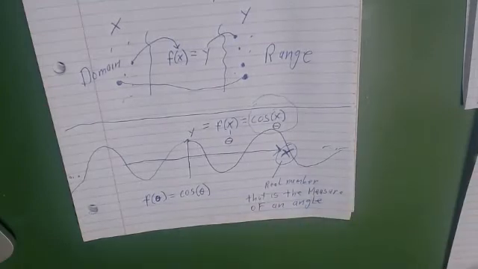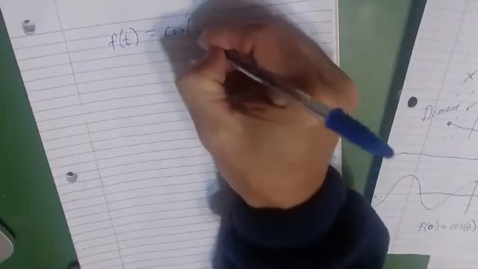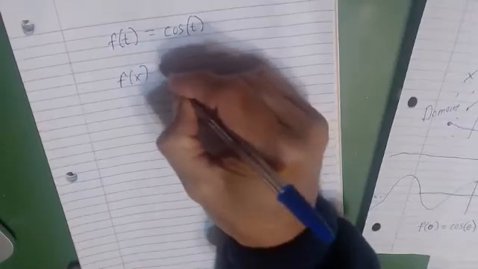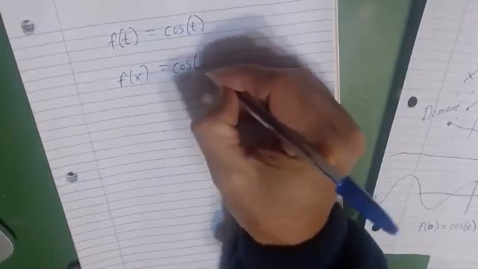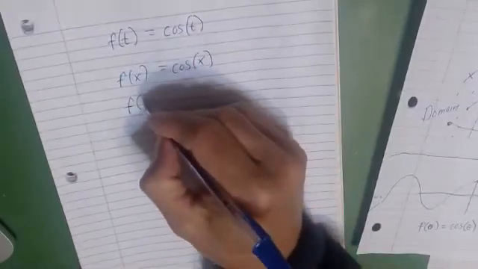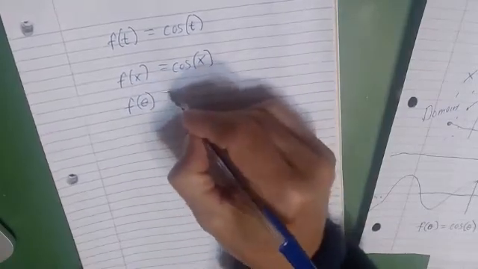And that's why this notation gets confusing, because sometimes you'll see f of t is cosine of t, and you'll see f of x is cosine of x, and there's certainly nothing wrong with this, okay?